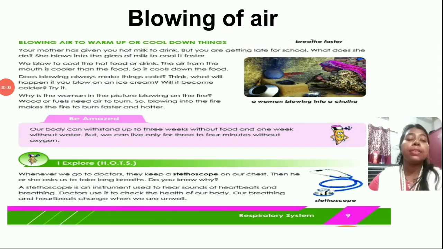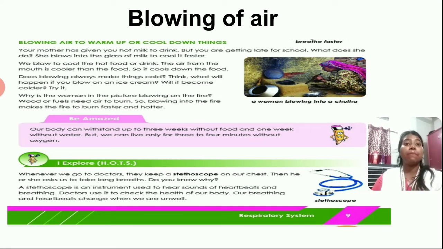The next is blowing of air. We have seen how blowing of air helps us to warm or cool down things. If you're drinking hot milk or coffee and you blow air, it cools down, because what we blow out is generally cooler.